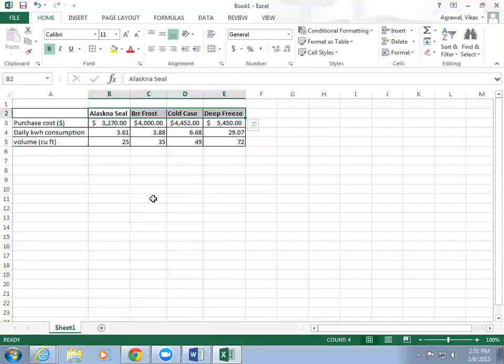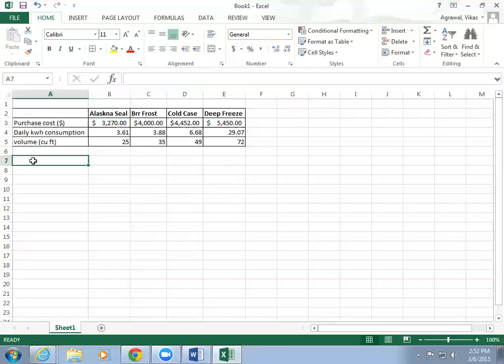You need to calculate the cubic feet per dollar input. So what's your take on it? There's no specific formula for productivity, but basically it equals output upon input, right?